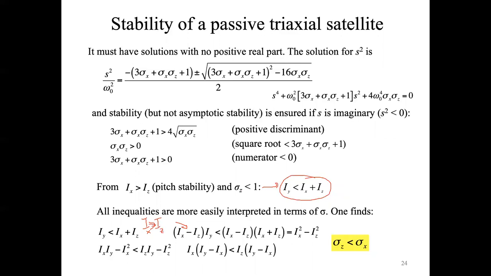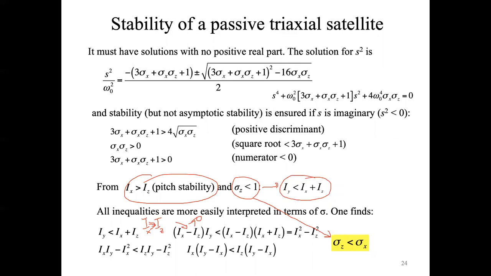So because of pitch stability, we know that this quantity is greater than 0. So we can combine these two relationships in the final relationship that sigma z has to be less than sigma x.